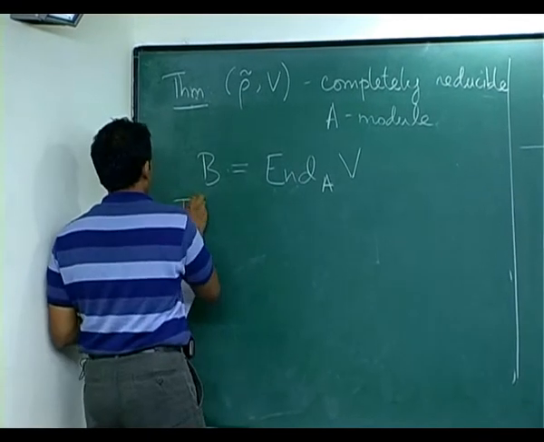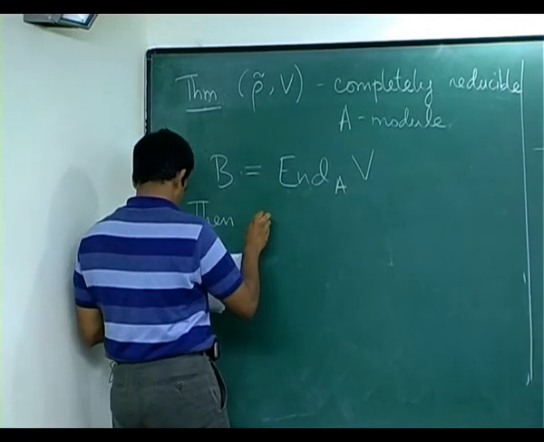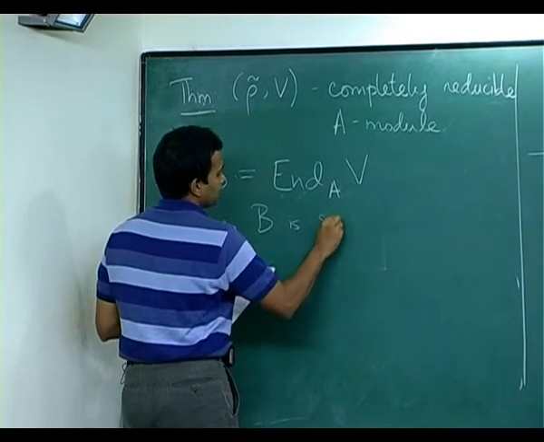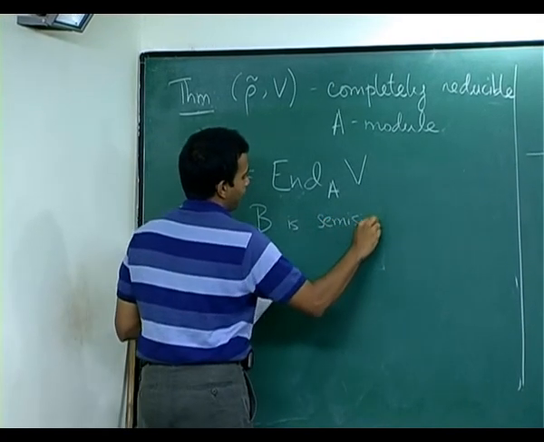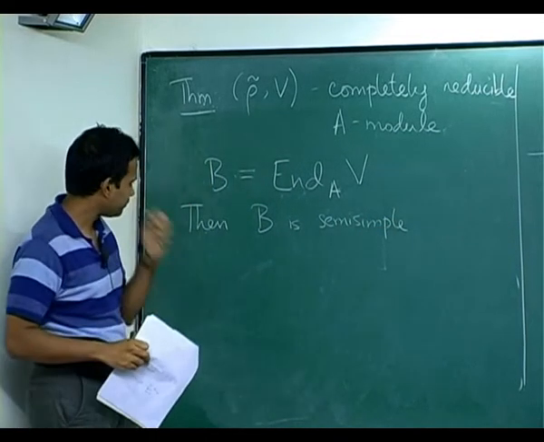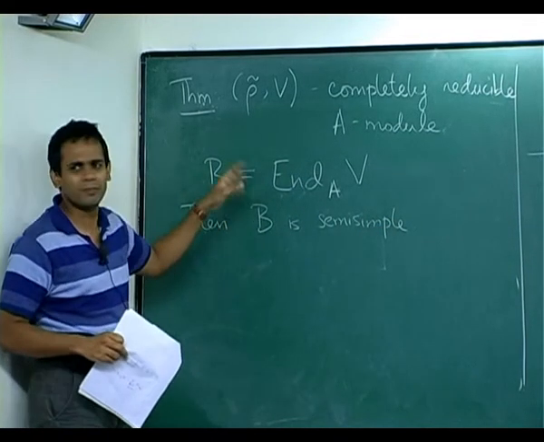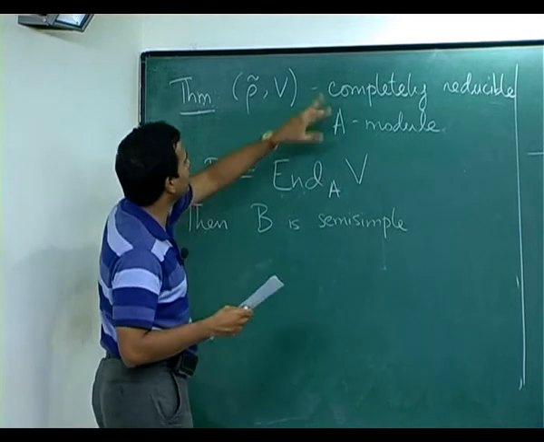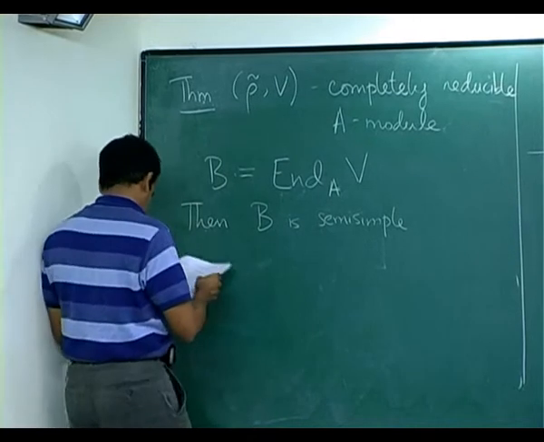Then B is semi-simple. It will just be a sum of matrix algebras, that is why it is semi-simple. The complete reducibility ensures that.